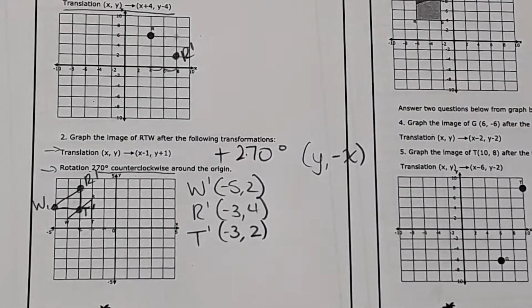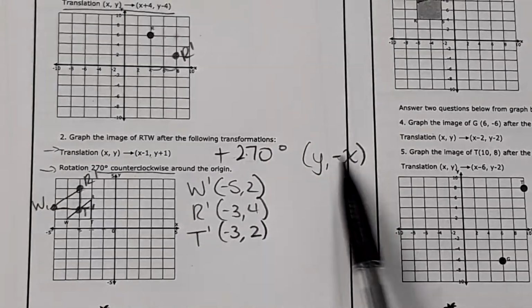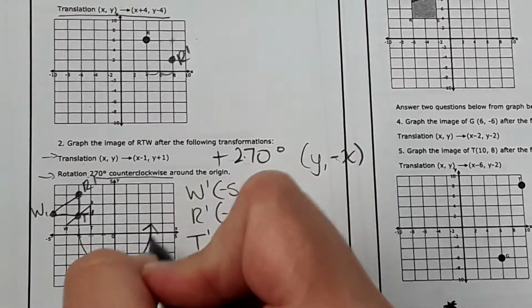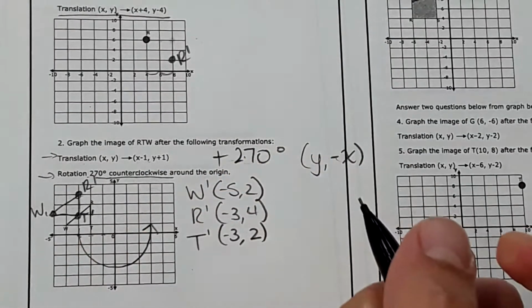And no, there's no shortcuts to this, but these were all over the EOC 2 years ago, so practice them. Then for the 270 degree rotation, counterclockwise, it would rotate all the way over here into this quadrant.